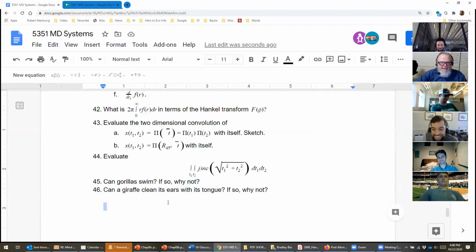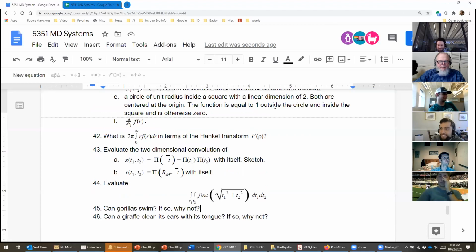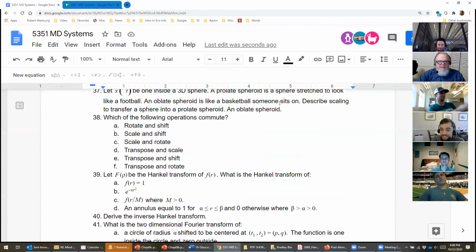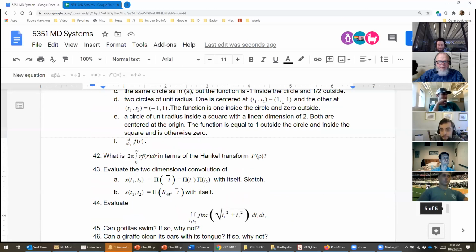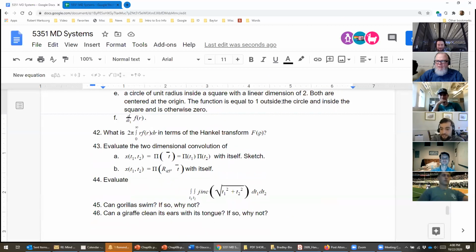That's supposed to be funny. Well, okay, you have to look this up. And can a giraffe clean its ears with its tongue? I find out all of these great trivia places in a place I'll tell you sometime offline. So anyway, I'd like you to do these, and then next Tuesday we will do our random selection, and then we can go through these one at a time. Okay.